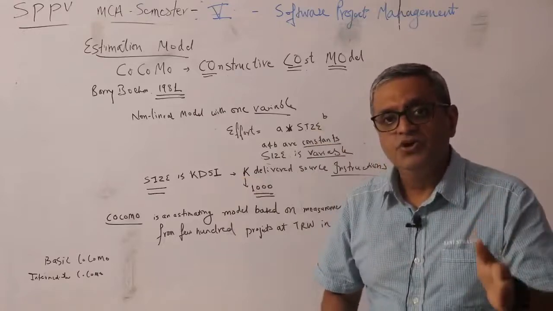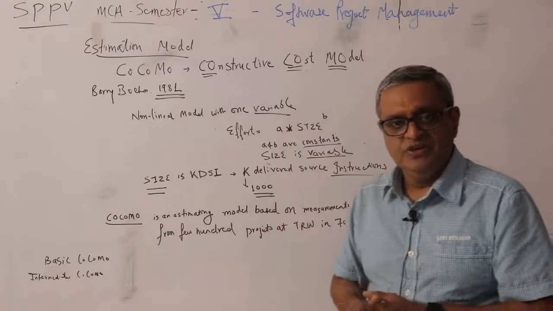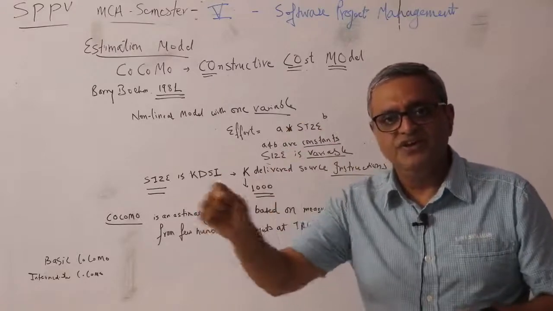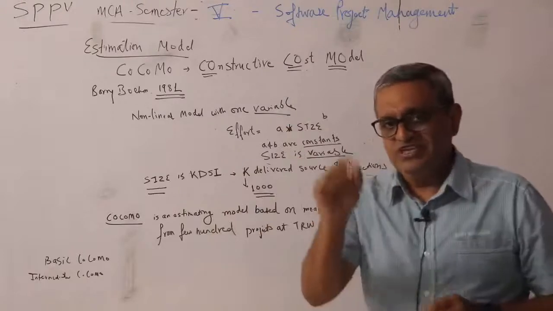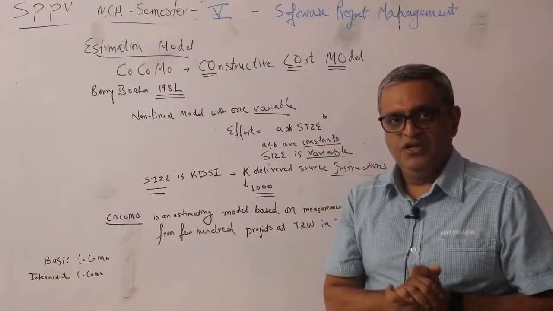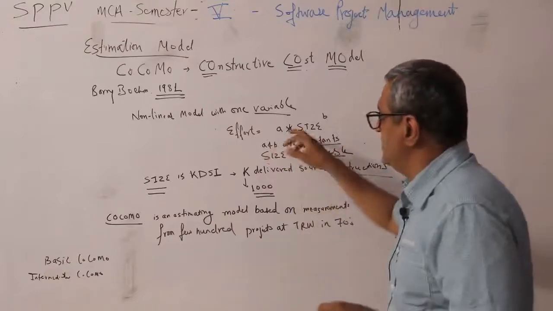So 6500 divided by 1000, because it's kilo, gives 6.5, which is the number that gets used here.